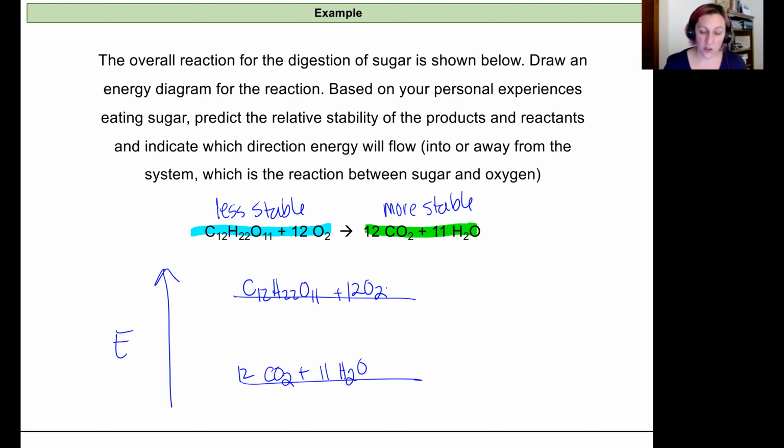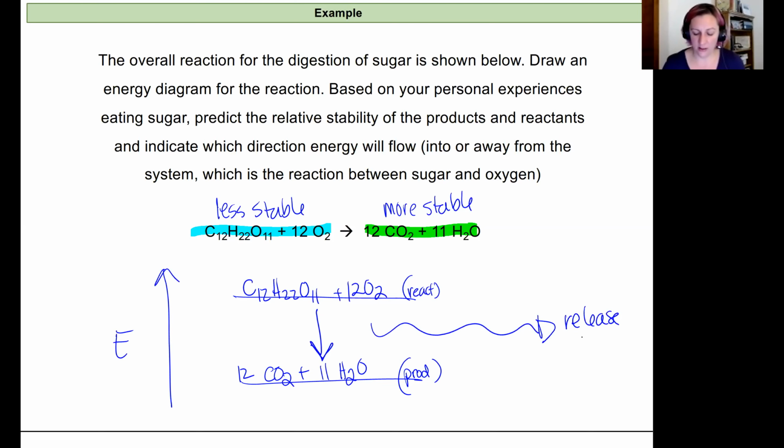Because as this transforms from my reactants to my products, I'm going to decrease the amount of internal energy that I have in my system, and that's going to release energy into the surroundings. And that's going to make this an exothermic reaction.